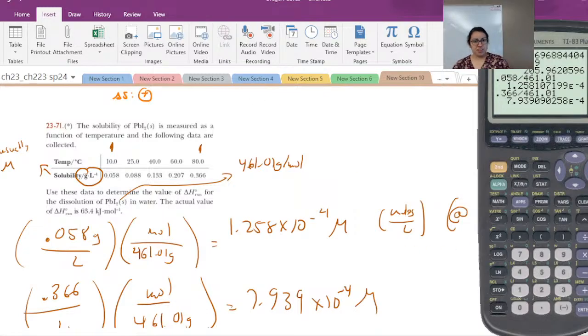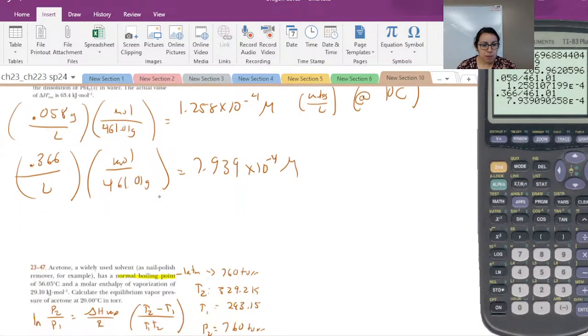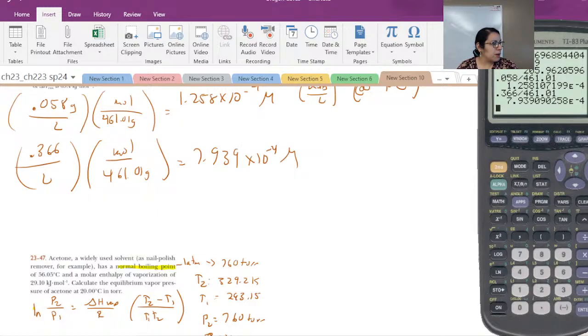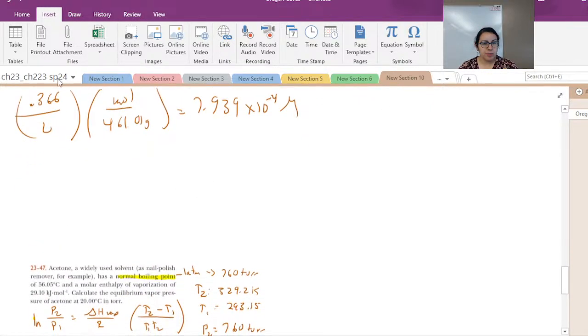Okay, just checking. So then we're here, but then let's go look at our formula that we're aiming for. So right, we want to put it into our Van't Hoff equation.